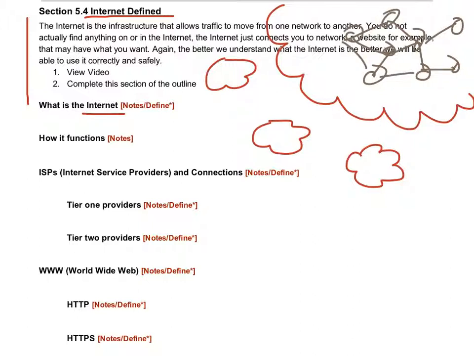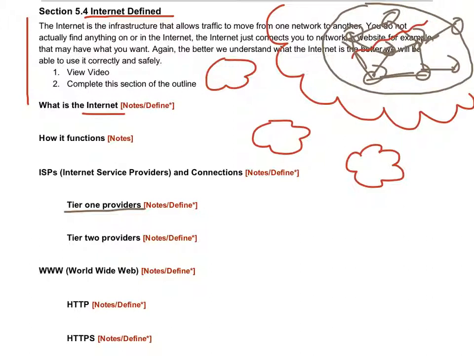So if something bad happens that severs it here, we still have lots of paths to get through. Internally in here, there is a group of tier 1 providers that allow these to all communicate, big companies like AT&T and Sprint and so forth.